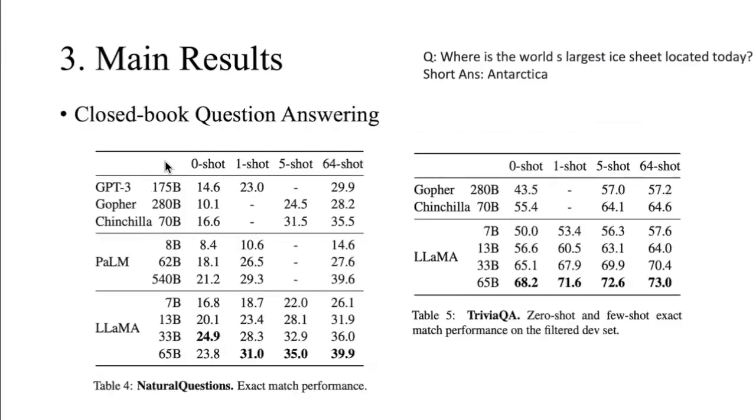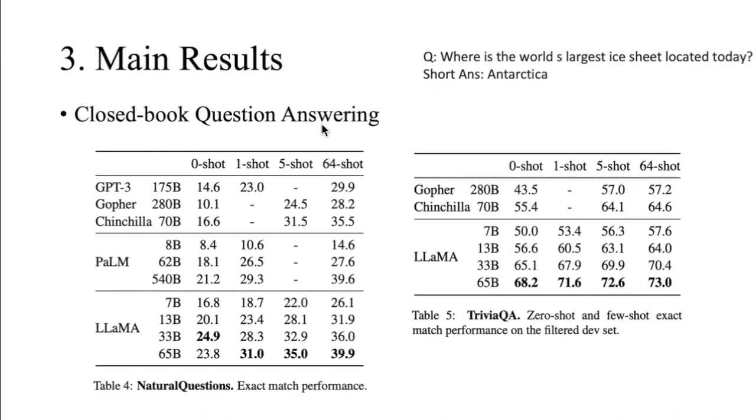The second benchmark is closed book Q&A. An example is: where is the world's largest ice sheet located today? Without any context, you expect the LLM to grasp general world knowledge, because it may have seen this in its pre-training datasets.